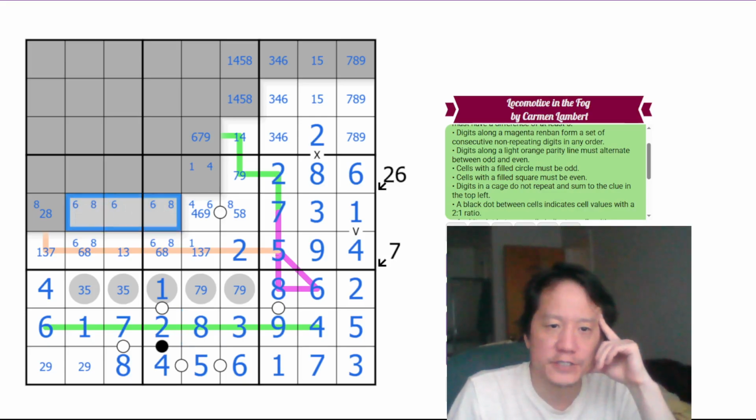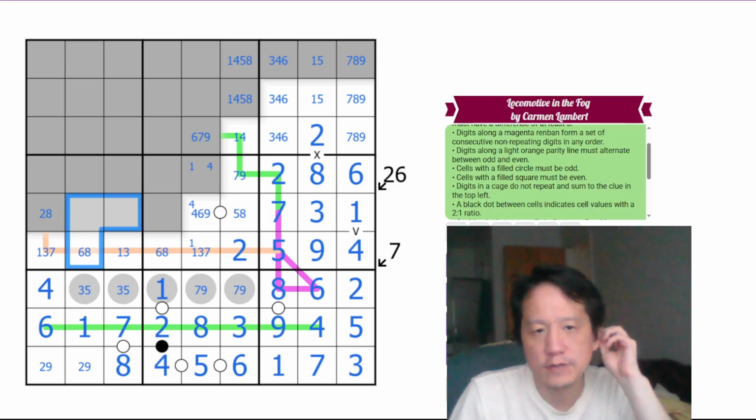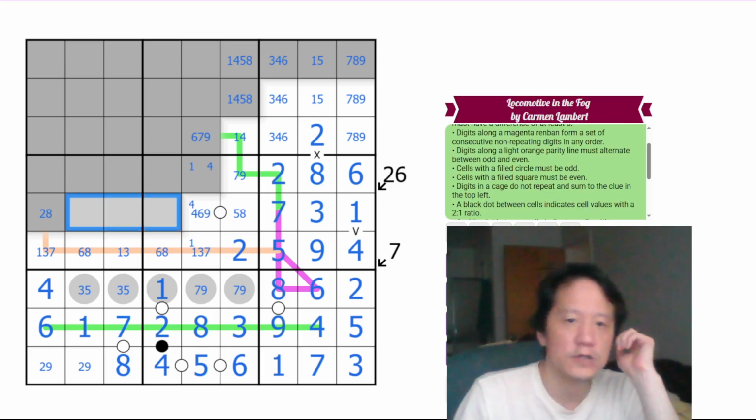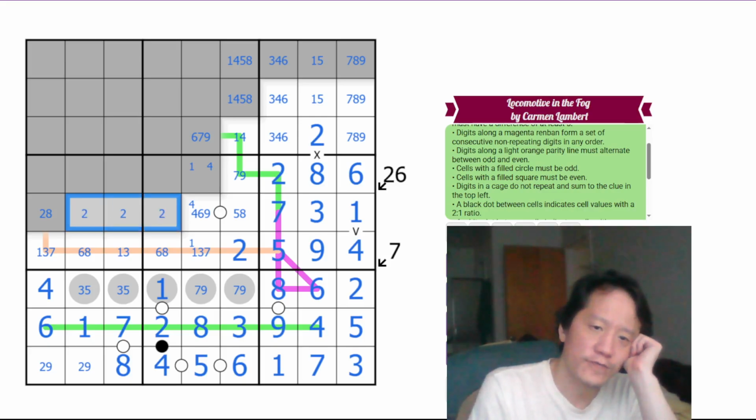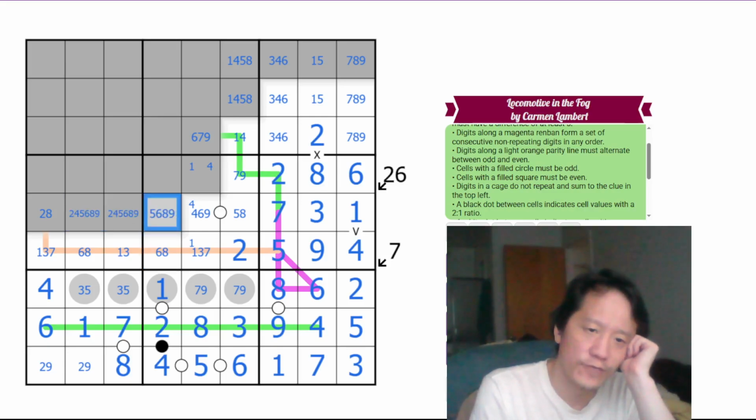What are the remaining digits in row 5? Let's actually just remove what we just put in. They have to be 2, 4, 5, 6, 8, and 9. Well, this can't be 2 or 4. This can't be 8. Everything else seems okay.